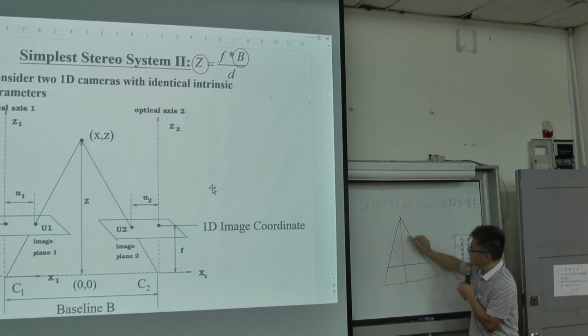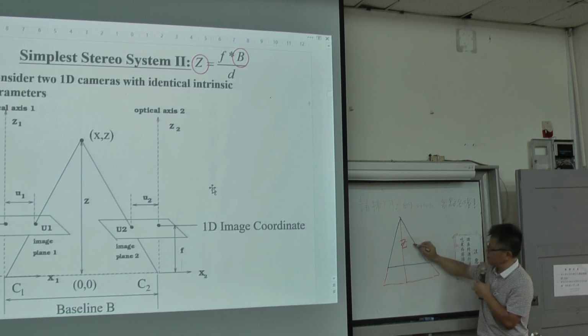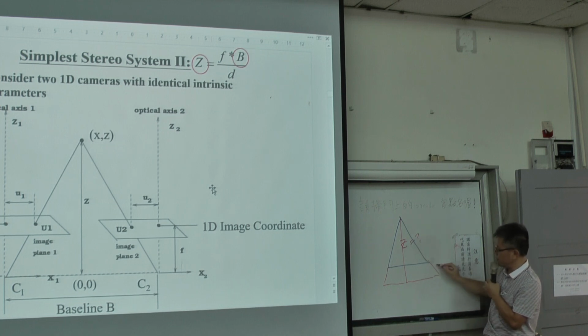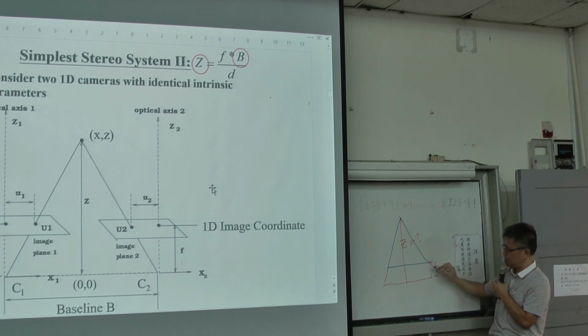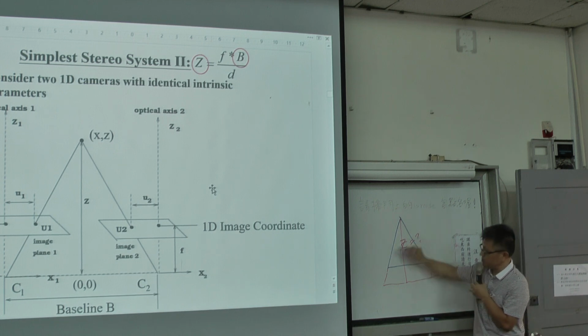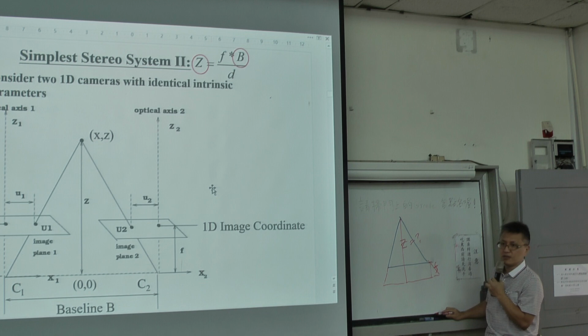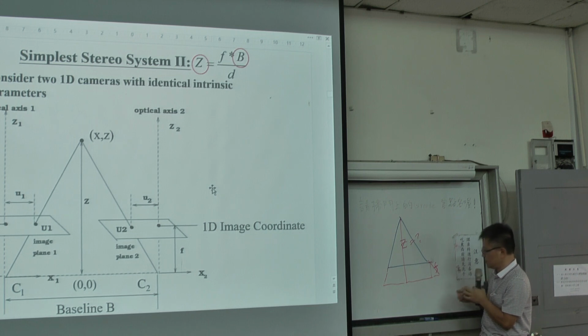You don't know z, but you only know f, the focal length. 就是两个三角形的比。So your comparison is baseline.